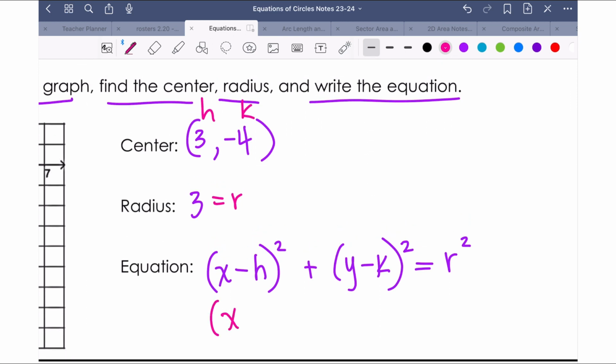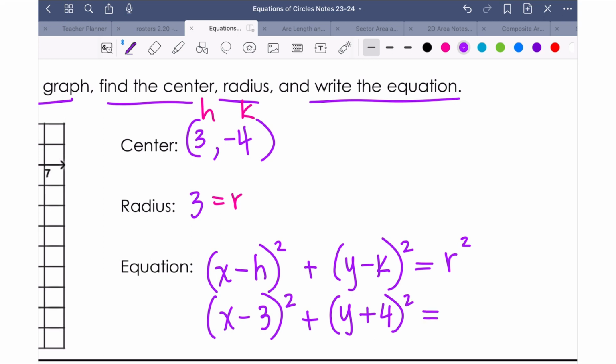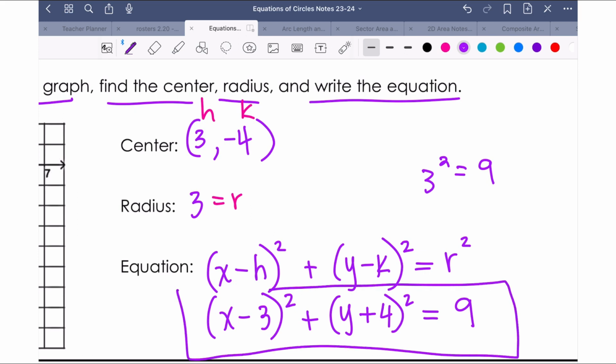All right, x minus h, which is 3, squared, plus y minus -4 turns to +4, squared equals your radius squared. What is 3 squared? 3 times 3, 9. So here's my equation.